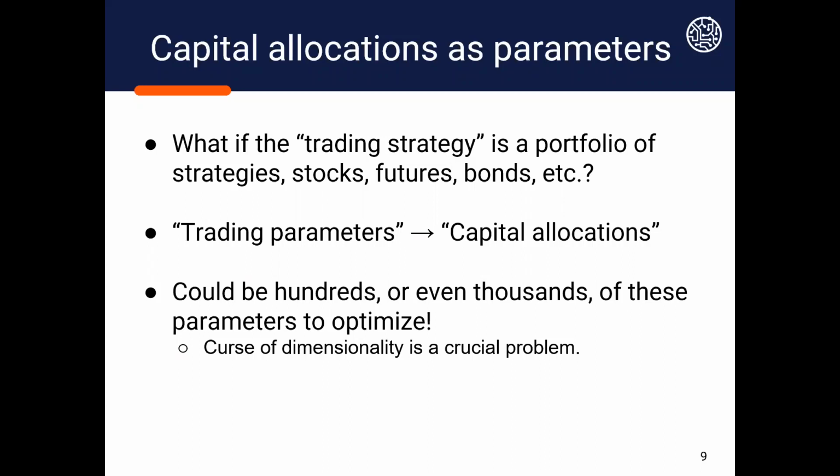In this case, the so-called control parameters or the trading parameters are the capital allocations to the individual components. You can imagine the number of parameters become explosively large. If you have a portfolio of 1,000 stocks, you potentially have 1,000 parameters that you want to optimize.